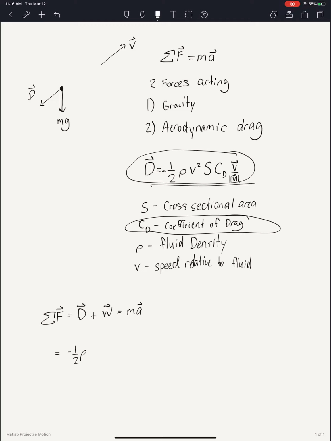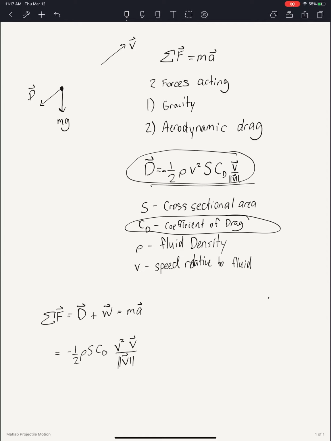So 1/2 rho times s times cd times v squared times v divided by the magnitude of v. I want to point out this is the speed of the object and this is the magnitude of the velocity vector. Hopefully we can all recognize those are exactly the same thing.